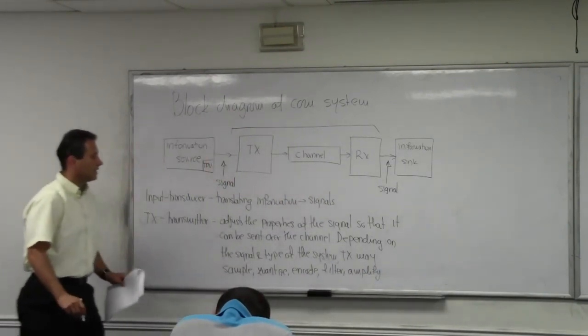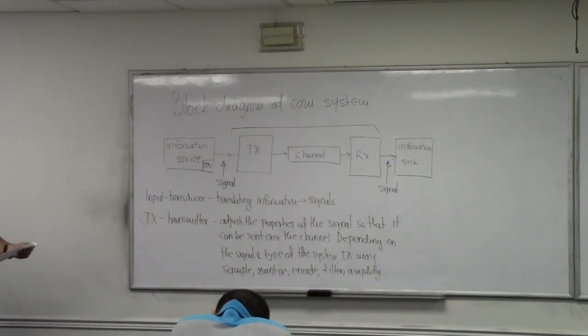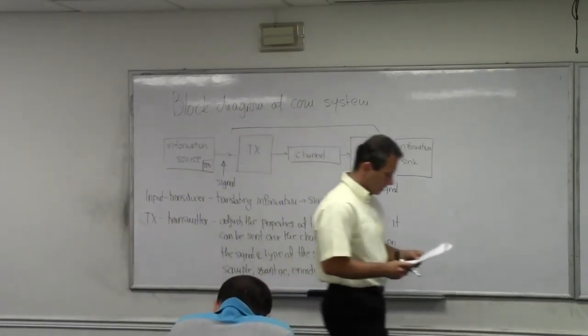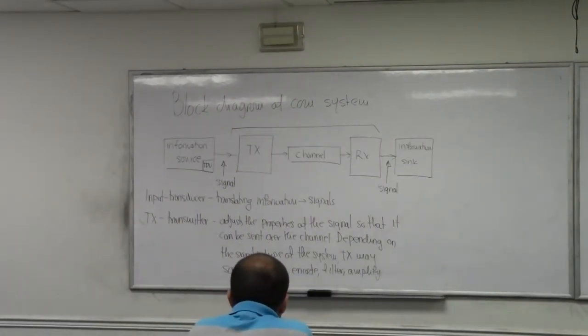We'll revisit some of these tasks when we start talking about modulation, demodulation, and so on. So these are the first two blocks. Let's take a look at the channel.